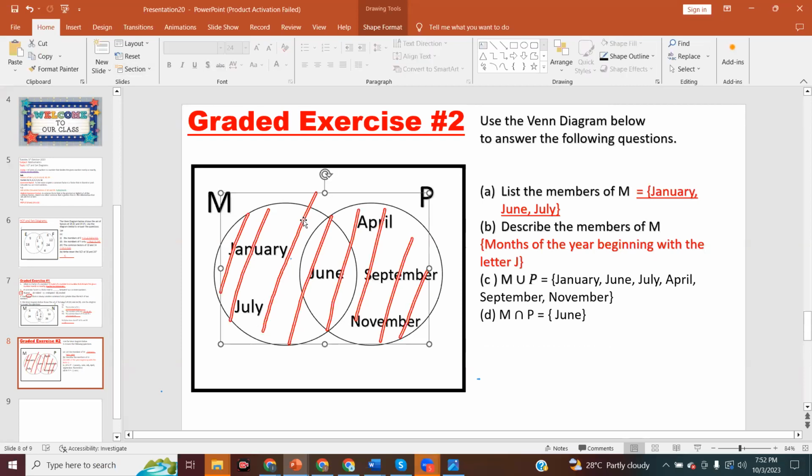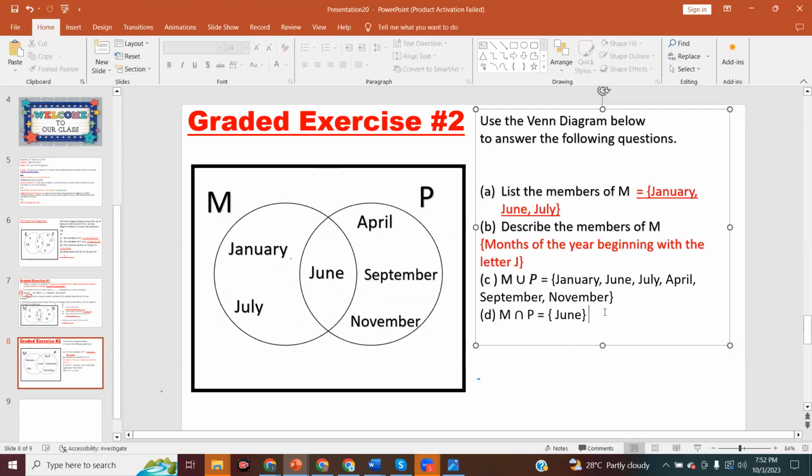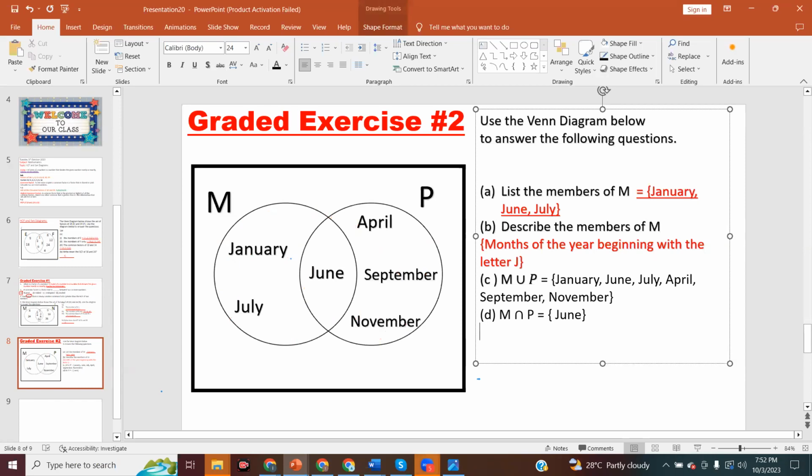And last but by no means least is the last one before we leave. E. Put this inside the chat, please. I want to see who all can get this. We haven't done this in a while. The answer for E, don't say it out loud.